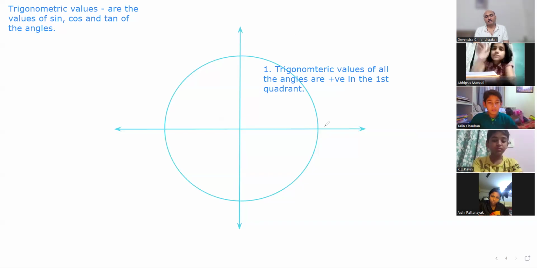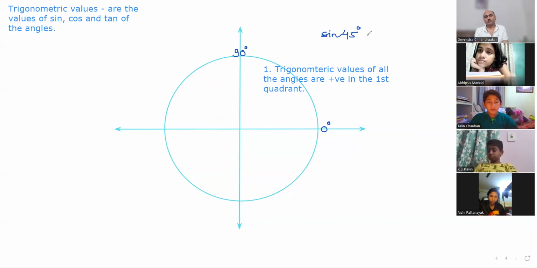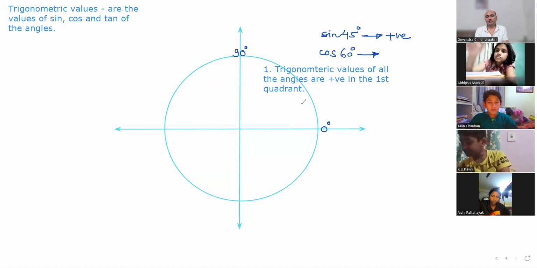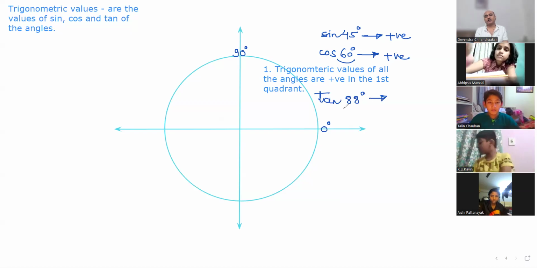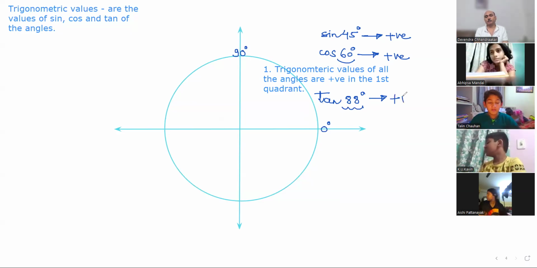The first quadrant angles are 0 to 90 degrees, right? So if I ask you, what is the nature of sine of 45 degrees? Is it positive or negative? You simply have to say positive. What is cos 60 degrees? Because 60 degrees lies in the first quadrant and all the trigonometric values are positive, this is positive. What about tan 88 degrees? This angle again lies in the first quadrant and tan is positive in the first quadrant, so this is positive.